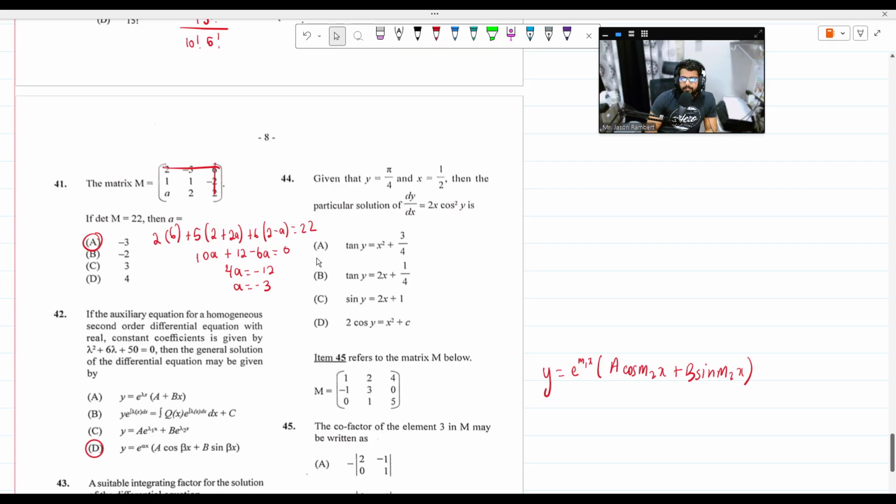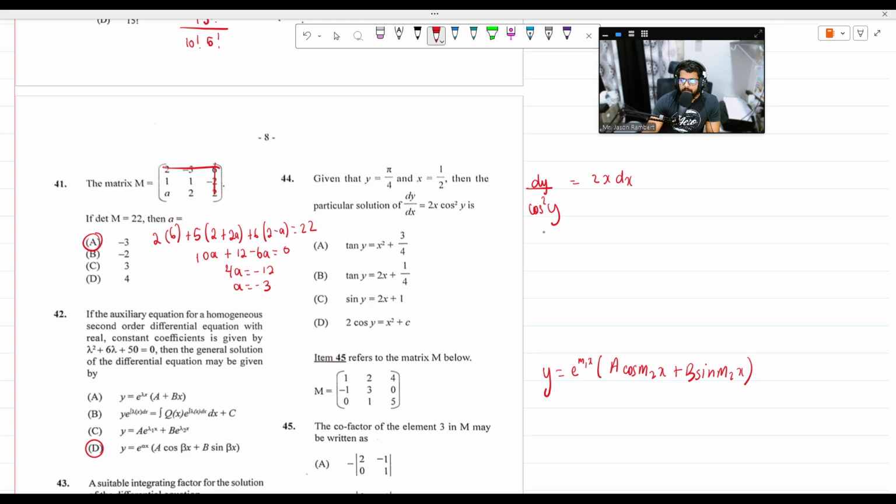Given that y is equal to pi on 4, x is equal to a half, the particular solution of dy/dx, which is equal to 2x cos squared y, is... We have to separate these variables now, right? dy over cos squared y is 2x dx.